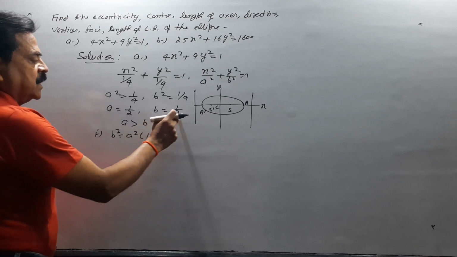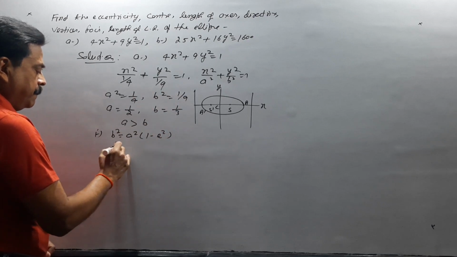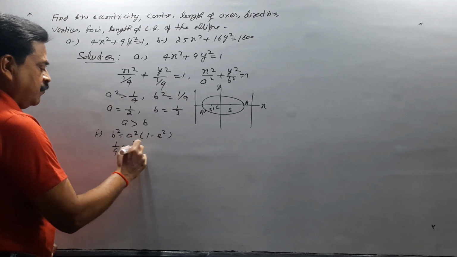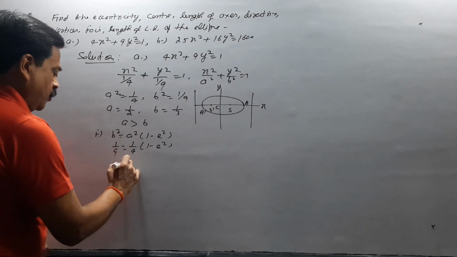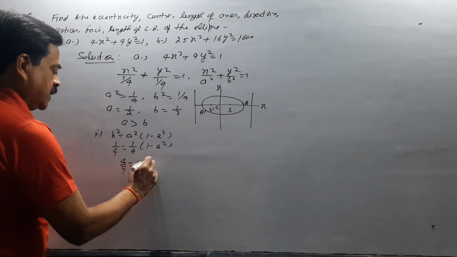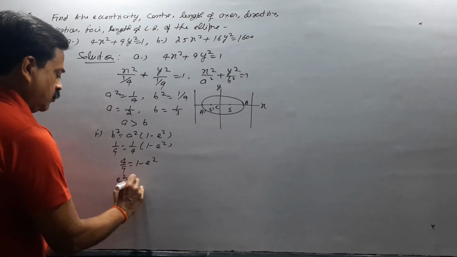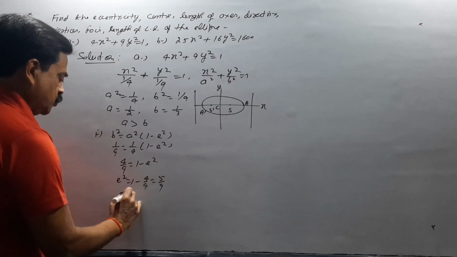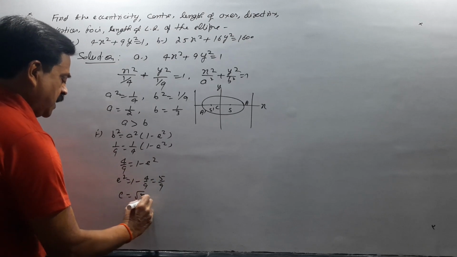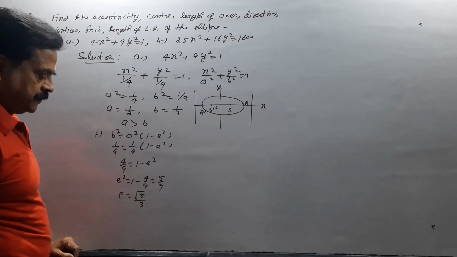B square is 1 upon 9, a square is 1 upon 4, so 4 upon 9 equals 1 minus e square, or e square equals 1 minus 4 upon 9, or 5 upon 9. So e is root 5 upon 3.